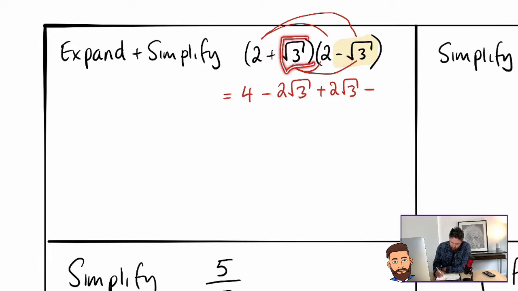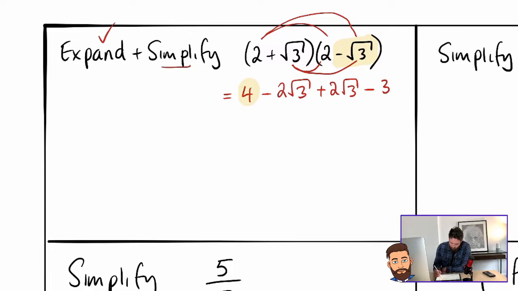Recall that root a times root a, the same surd times together, gives you just the surd inside, so it cancels the square root. So root 3 times root 3 will be 3. Then we have to simplify. We've done the expanding stage, now we need to simplify. What goes together?